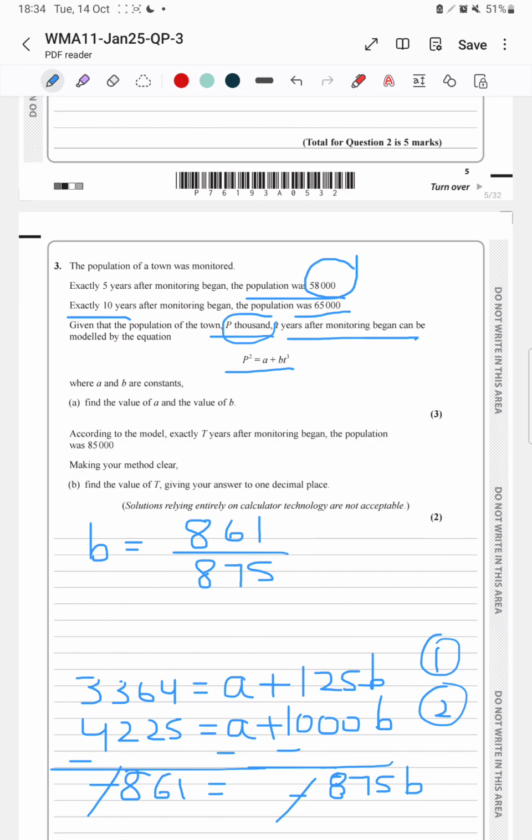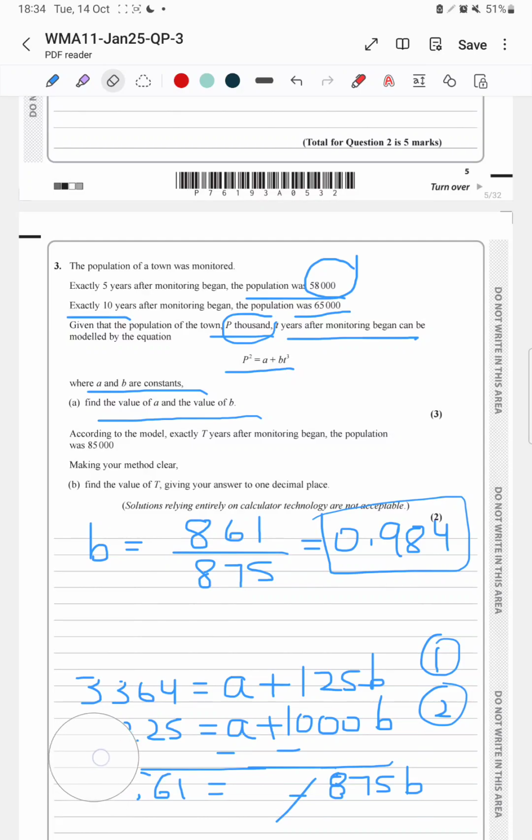So 861 divided by 875 is going to be 0.984. Now the most important thing here is that you need to see whether they ask you to write the value of B up to any decimal places, but they have not mentioned anything. They just said that A and B are constants. So you can leave your value of B like this.